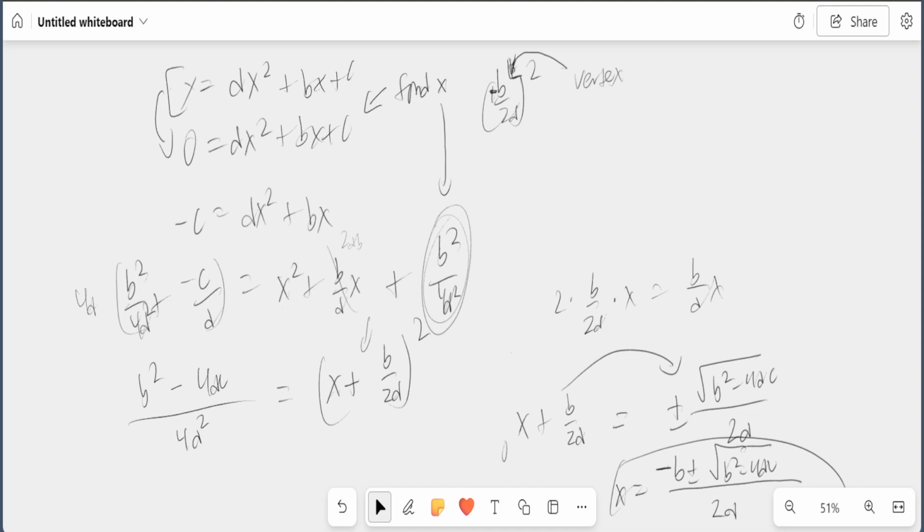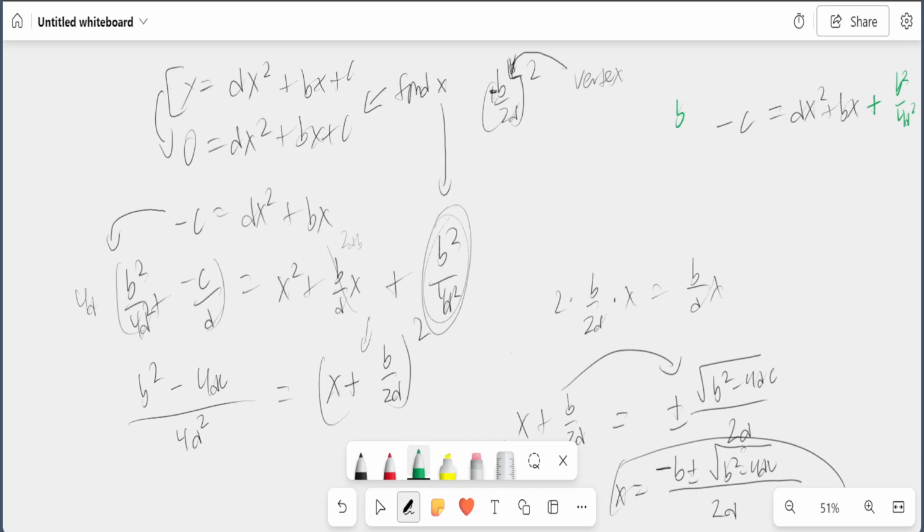Wait, real quick. How do you go from like the third line to the fourth line? Kind of confused. From here to here. Yeah. On both sides, so we start with negative c equals ax squared plus bx, and then on both sides, because it's an equality, I can add b squared over 4a squared. And why we add b squared over 4a squared?